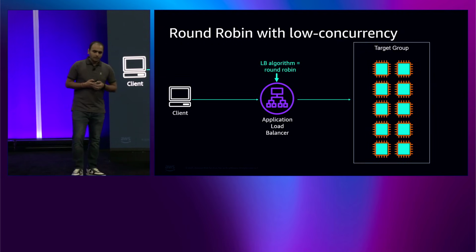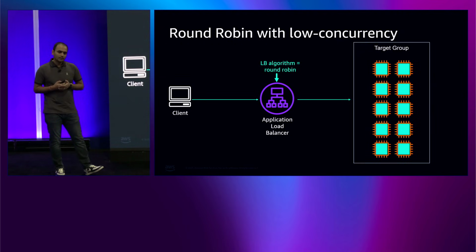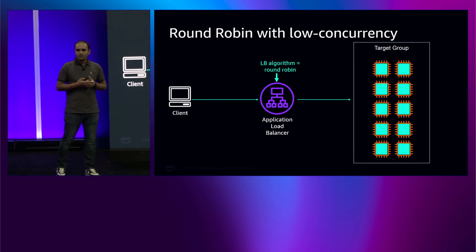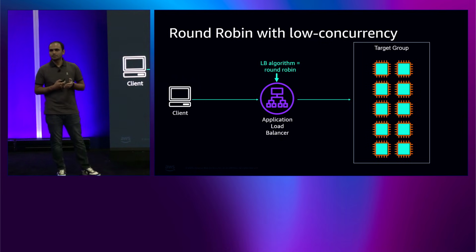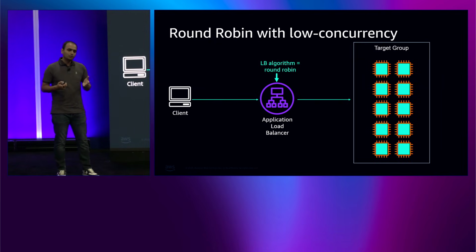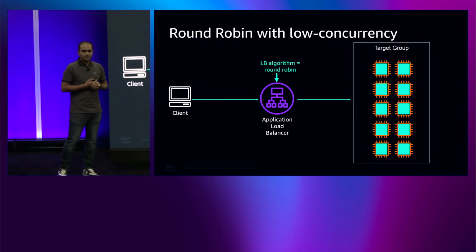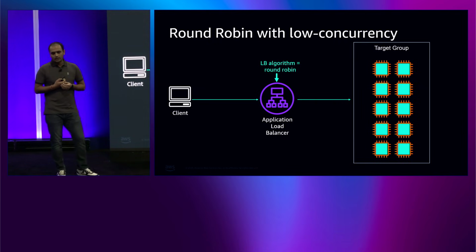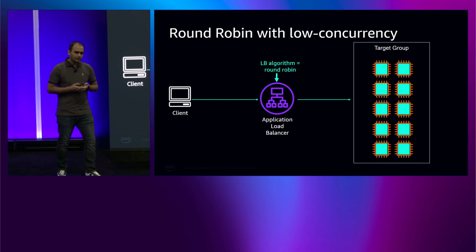So let's take the example of an application deployed on the target group that is doing some sort of media generation. Some of them could be doing video generation, some text generation, some image generation. Let's assume that each target can only process one request at a time. Let's also assume that the load balancer is configured with round robin.